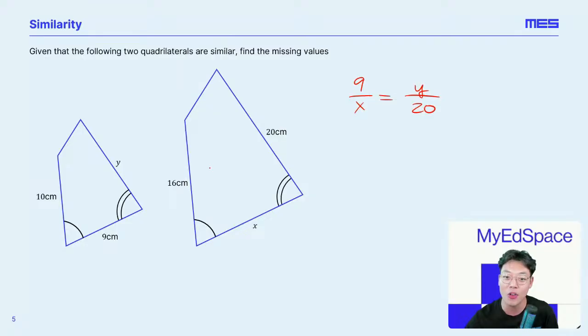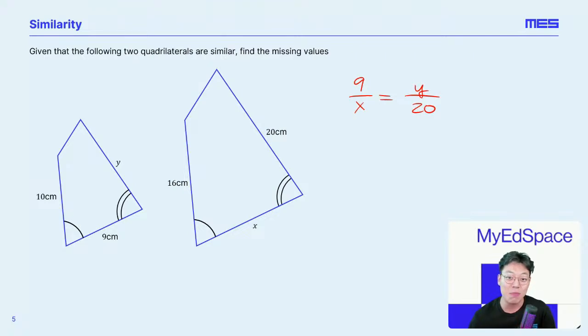Again, we make sure that all the units of measure are the same as well. I almost forgot to do that. Could have made a mistake if one of these centimeters were in meters. But now we have an equation with two variables, unsolvable, right? If we have an equation with two unknowns, we cannot find either of those variables. However, if we have two equations with two variables, we are able to do so.